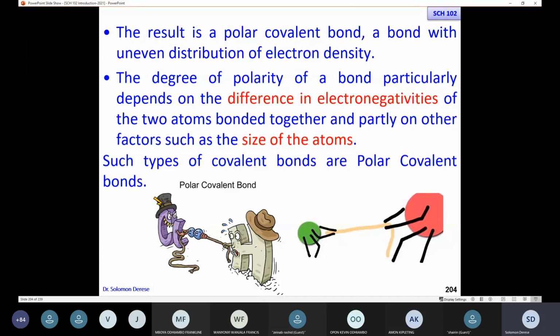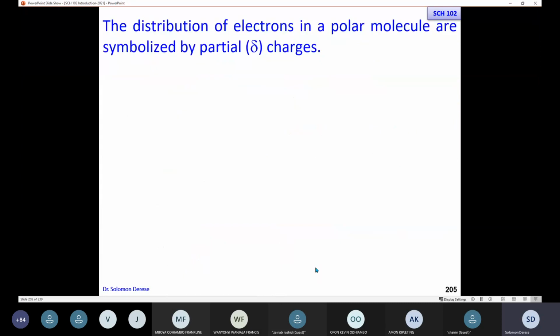It is like a tug of war between two people who are significantly different from each other in terms of their size and strength. So the bigger, stronger one will have a larger share of the rope compared to the smaller and weaker one. Now on one of the elements of a polar covalent bond, we'll have excess of electrons.